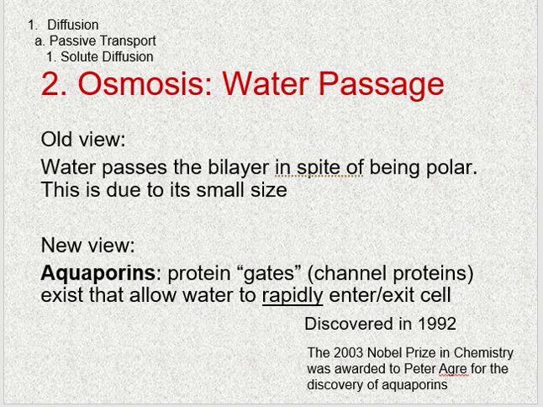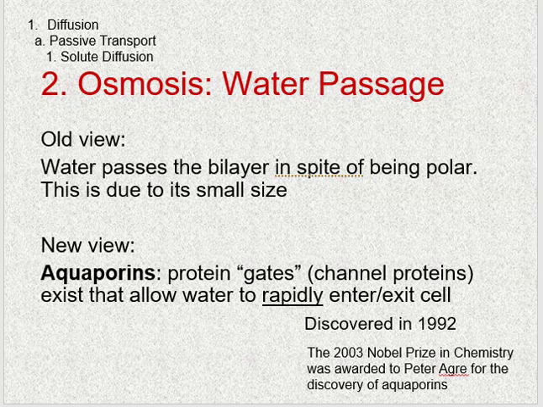Another type of diffusion that involves the movement of the solvent rather than the solute is called osmosis. Osmosis is the movement of water through a semi-permeable membrane according to the water's concentration gradient across the membrane.